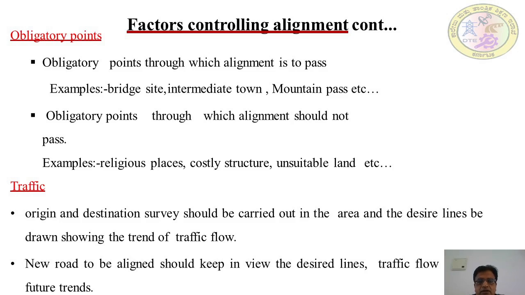Similarly, you need to connect an intermediate town. Otherwise, there is no point in providing the highway. So whenever you are connecting two cities, assume that it is about a 100-kilometer length of road. In between, you will be connecting a number of cities. Without connecting those cities, if you simply connect city A and city B, then there is no use.